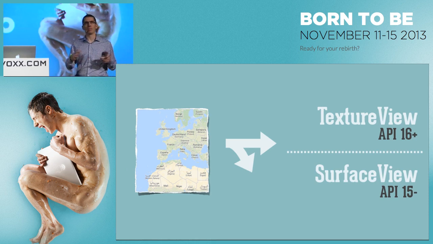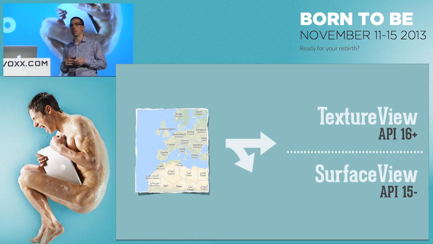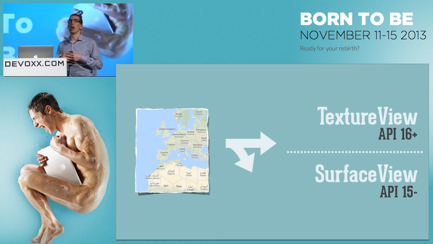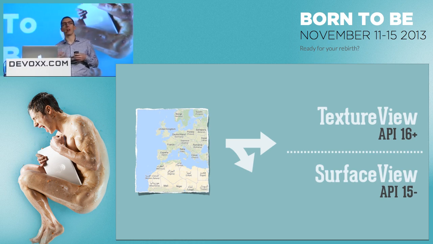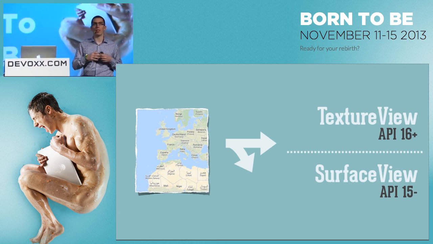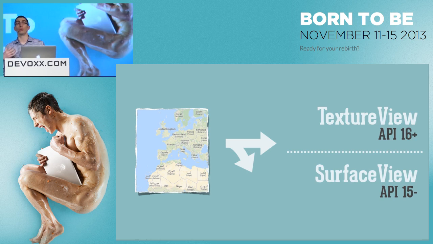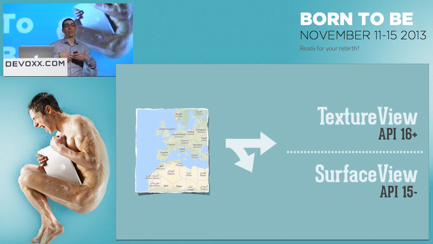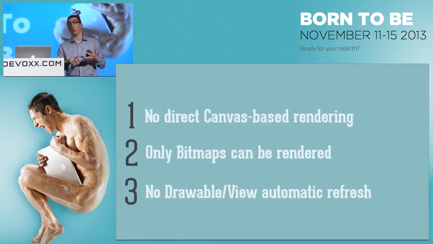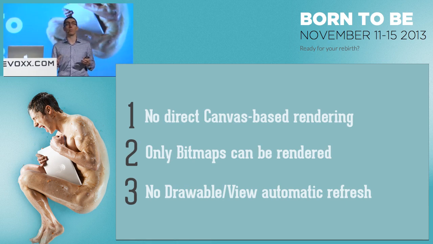They are quite special in the Android SDK, because they do not render the same as the other views. They have their own rendering pipeline, and so basically what it means is that you can't really draw on it. You don't have a draw method, so you can't draw on a Canvas. You can't have access to drawLine, drawPoint, or drawCircle. All of this is not possible.